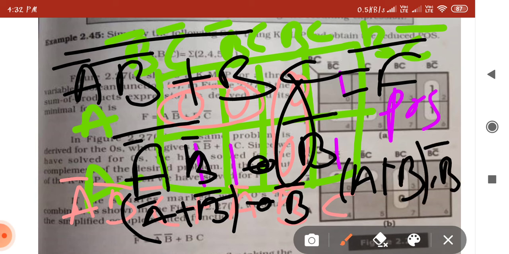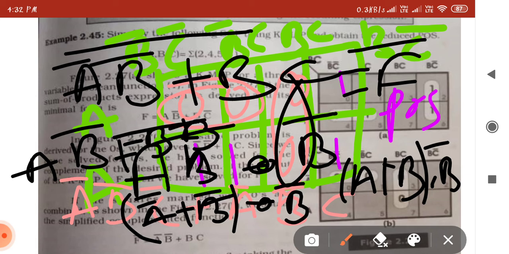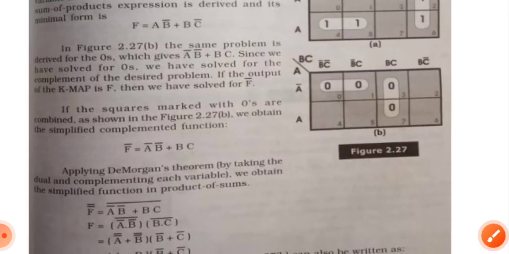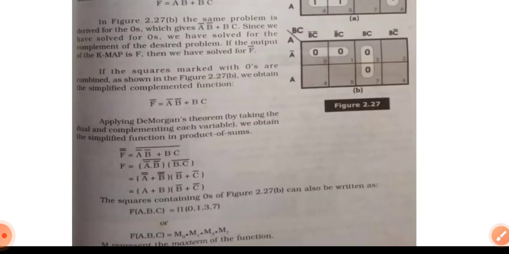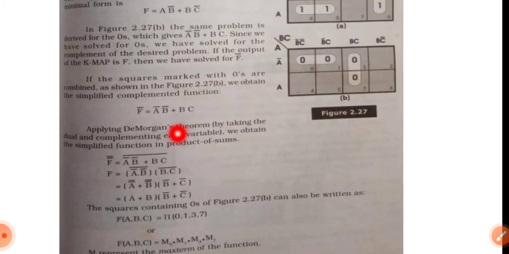A B bar plus B into B bar, which is 0. A B bar is the answer for this SOP. The SOP can be written like that.